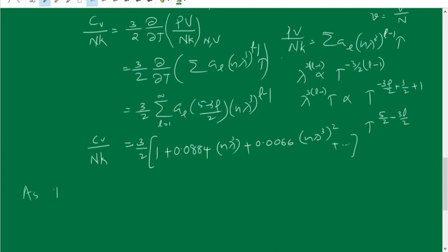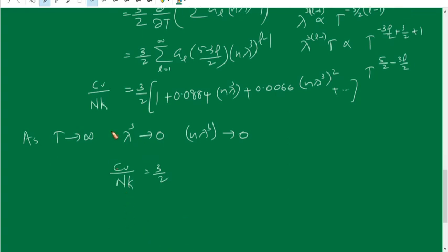Now we can analyze at different ranges of temperature. As temperature tends to infinity, lambda cube tends to 0. That means n lambda cube tends to 0, so the second, third, fourth terms, the higher order terms, will be 0. That means Cv divided by Nk is equal to 3 divided by 2.